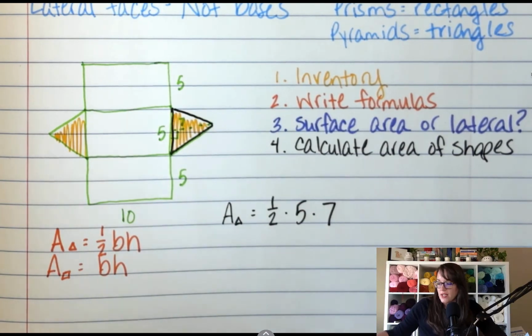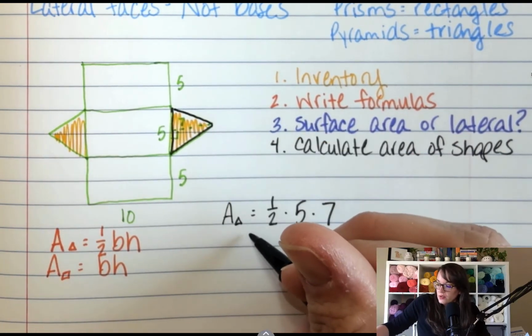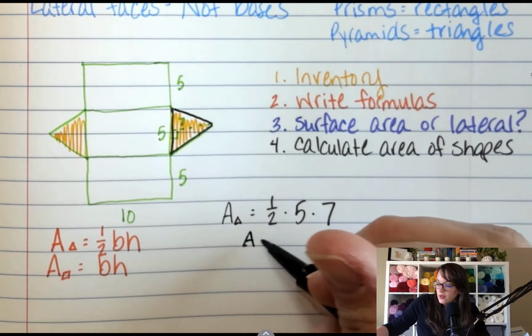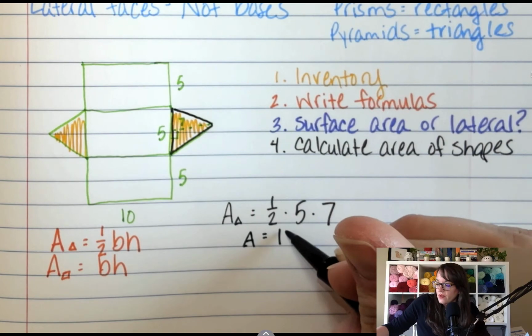It does come out to a decimal. So you've got 35, and half of 35 would be 17.5. So the area of one triangle is, what did I say, 17.5?